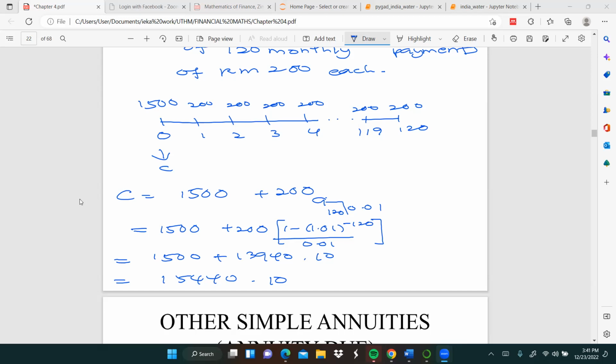So Mr. Lee needs to pay at the 9th month the accumulated value for 9 months and the discounted value.